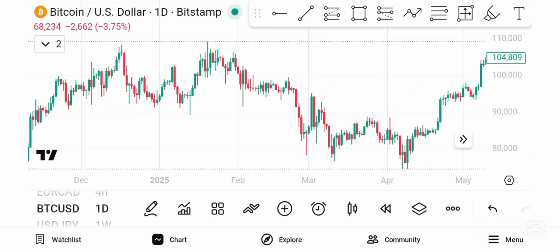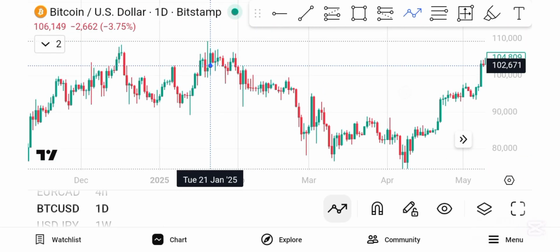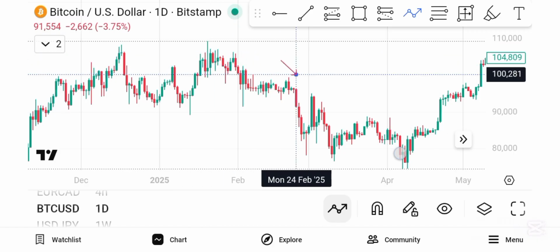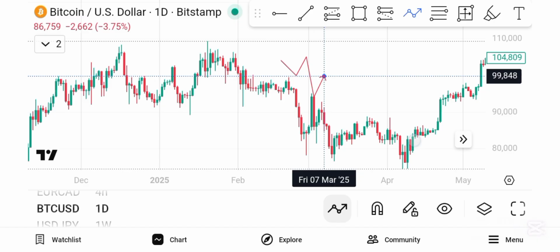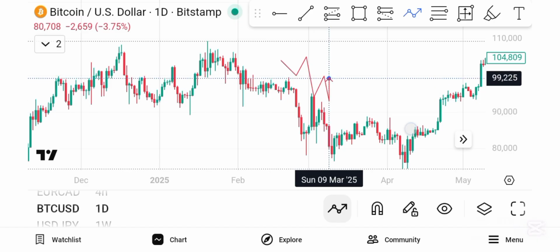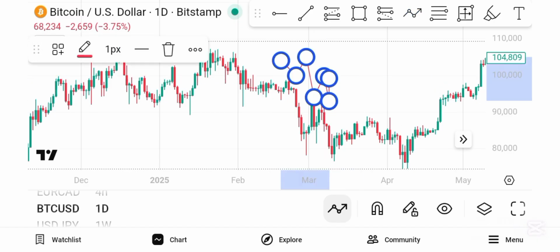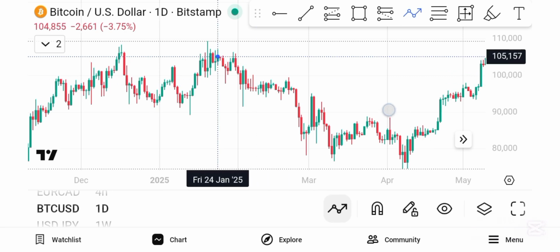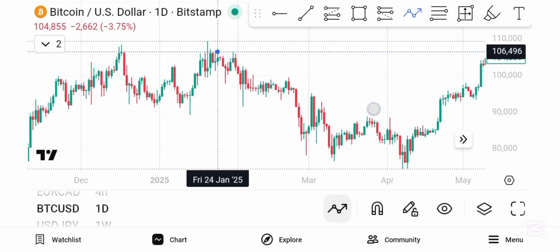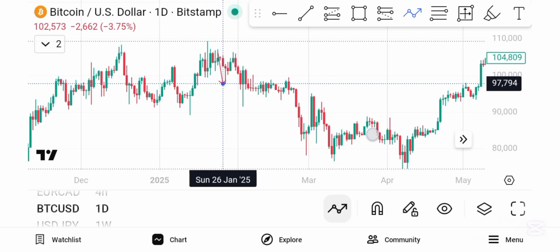See here, for instance, it will not be smooth like this. It must not be smooth. You can just identify the uptrend and the downtrend yourself. Let me show a few examples of downtrend here. For instance, this is your lower high, lower low right here.